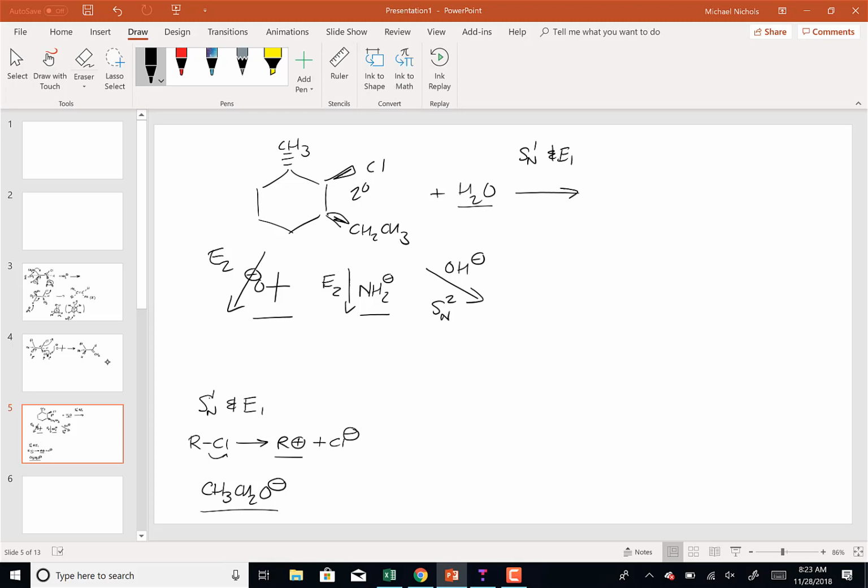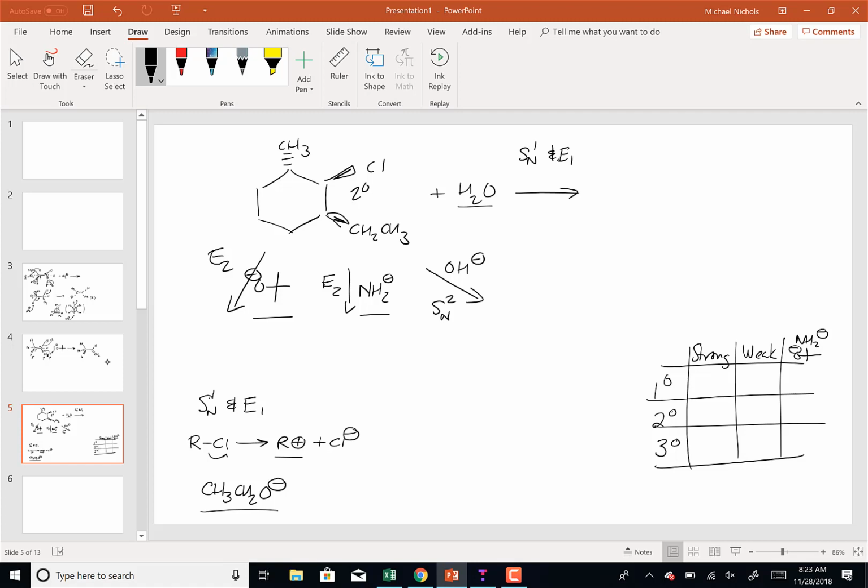So these two guys are always E2. That's how you would determine the mechanism. Use the chart. The chart would have a column. If we had our chart of primary, secondary, tertiary, and then our strong nucleophile, our weak nucleophile, then we would have NH2 minus and tertiary butoxide in a third column, and these would all be E2, E2, E2.